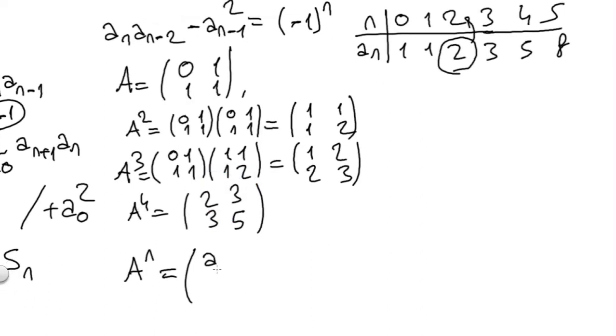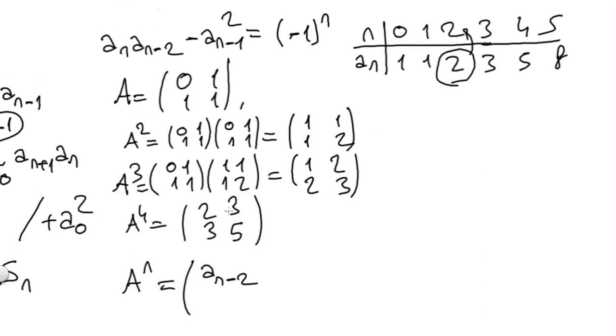So we can guess it's probably a n minus 2. For example, this diagonal is 3, and the value 3 belongs to a3. So this is one less, a n minus 1. This one is the same. And the last one is 5, and the value 5 is a4.